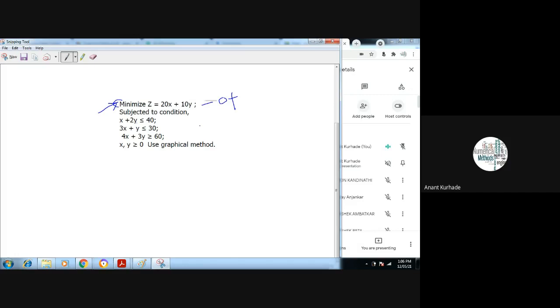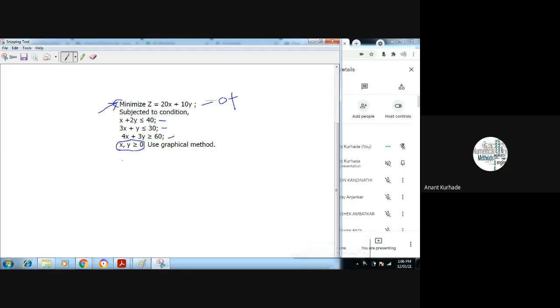There are three limitations: first, second, and third. You have to solve this problem by using the graphical method. In this case, x and y are always greater than or equal to 0.